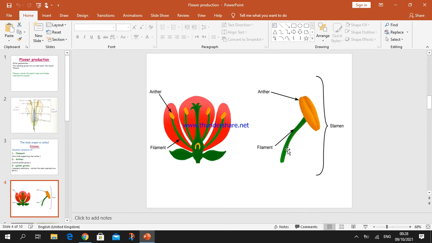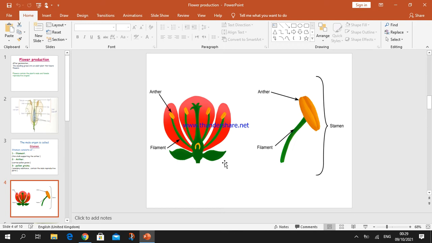The filament is a thin stalk that supports the anther, and the anther is a room containing the pollen grains of the flower. The pollen grains are powdery substances that contain the male reproductive cells.